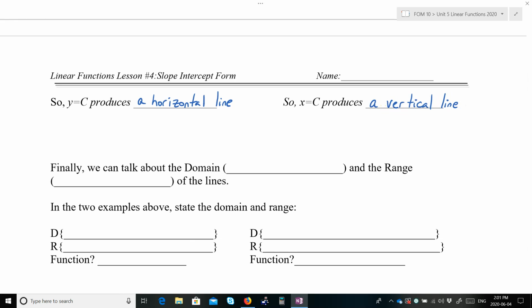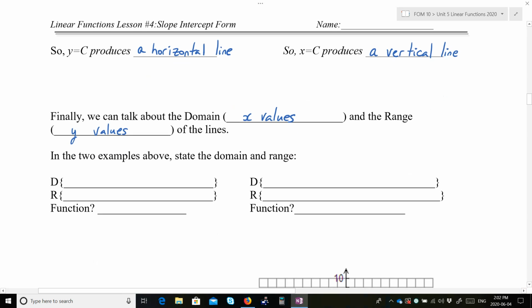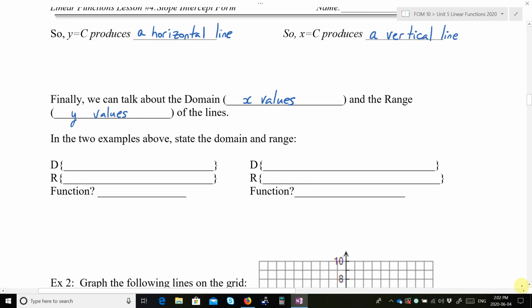And finally, we can talk about the domain, possible x values, and the range, the possible y values of the lines. In the two examples above, state the domain and range.